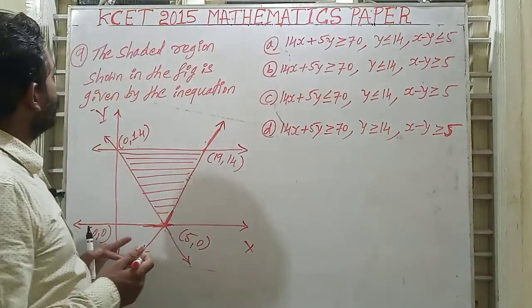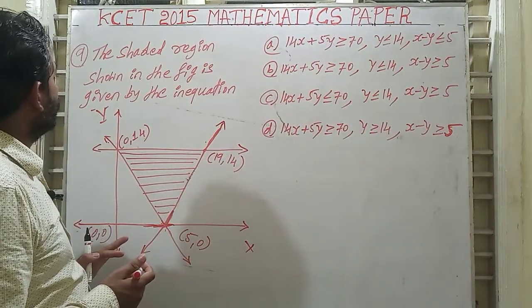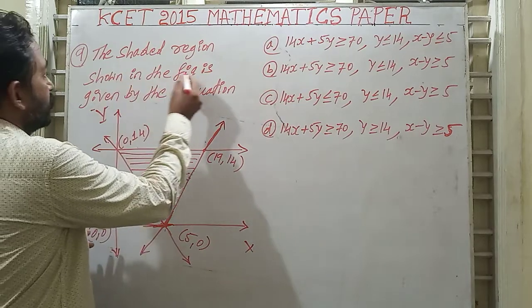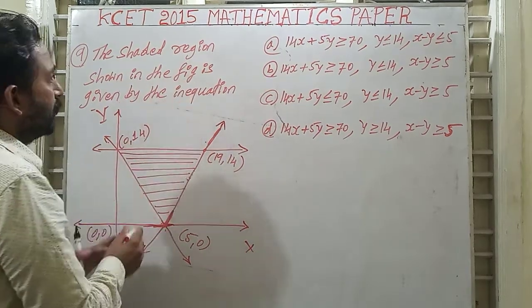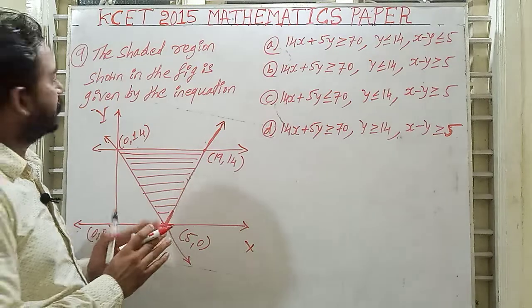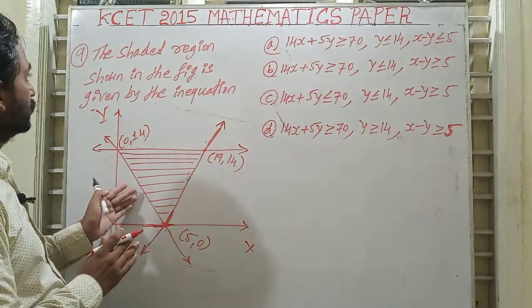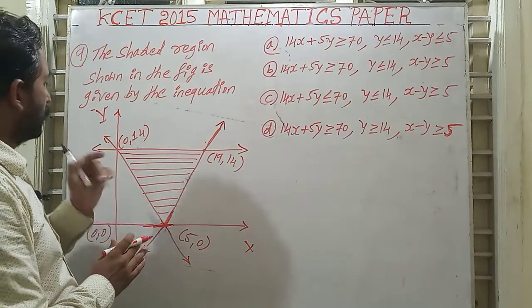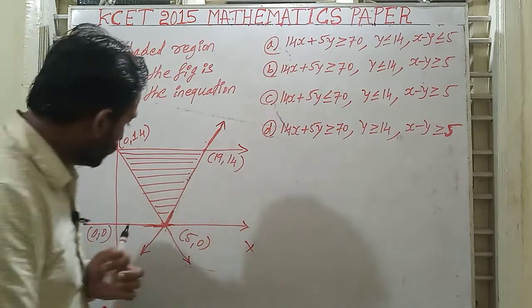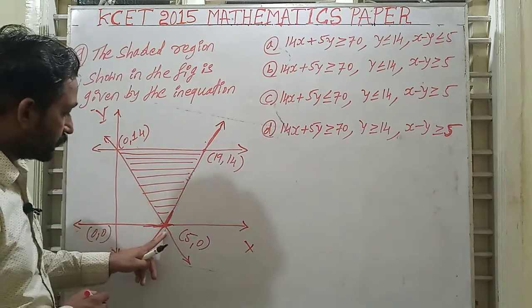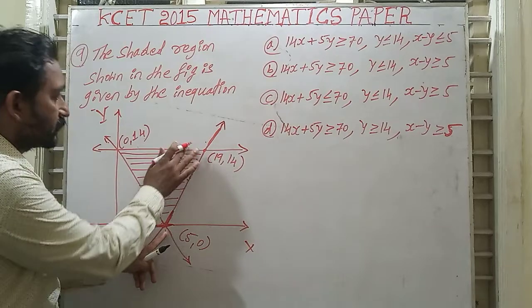In this case we have to find out what the inequation shown in the figure is. We have to find out the inequation by using the graph. So there are 3 linear inequations in this case.